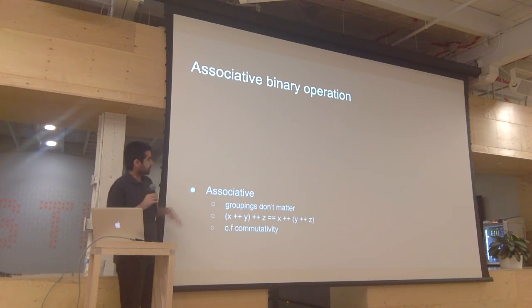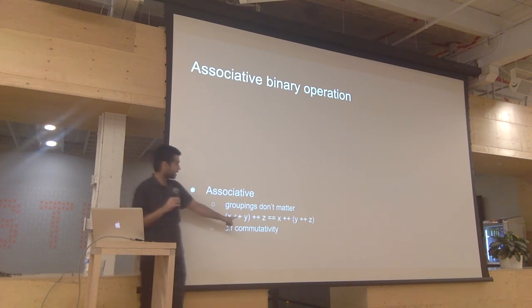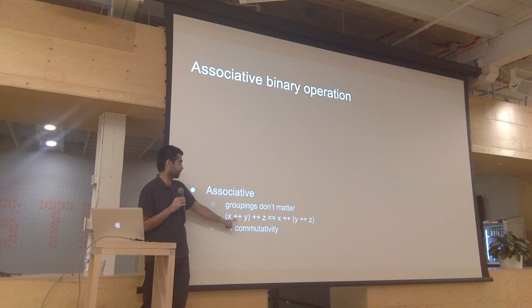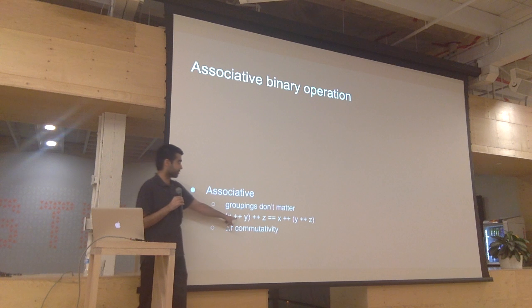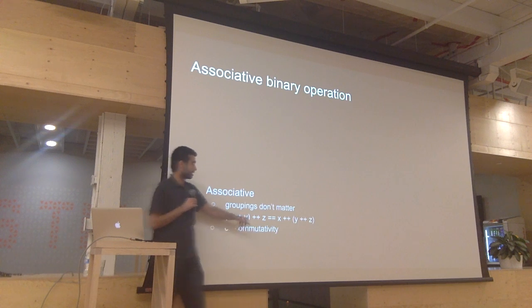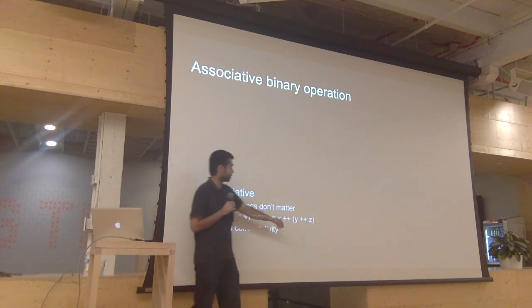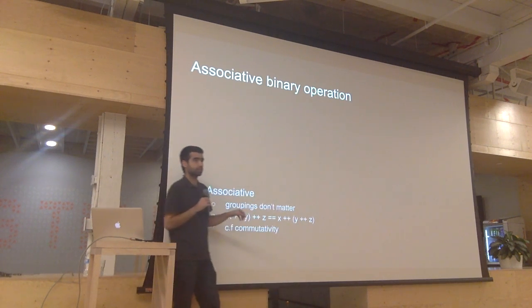So what is associative? What does that mean? It means that the groupings don't matter. So if I had some hypothetical double plus operation, what associativity means is, if double plus is associative, doing x and y first and then z is the same thing as doing y and z first and then x.